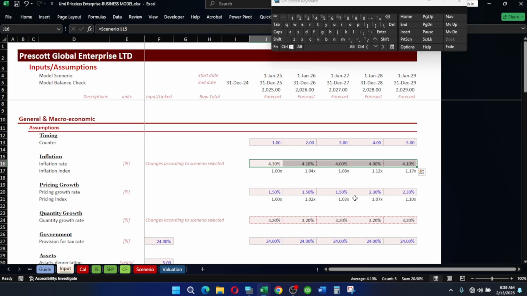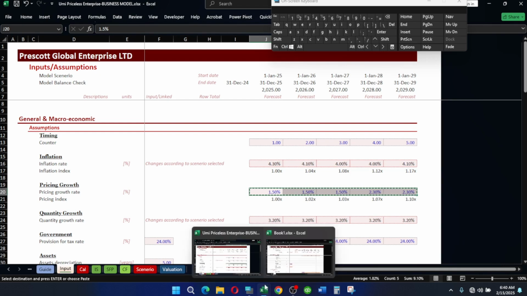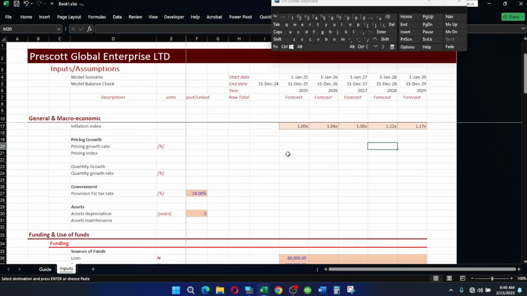Usually the client determines the pricing growth rate, but in this case, because you want to build a complete model, you're just going to assume the industry here is growing at this rate compared to the economy of the country you're modeling. I just tried to explain the concept of why the growth rate is important.